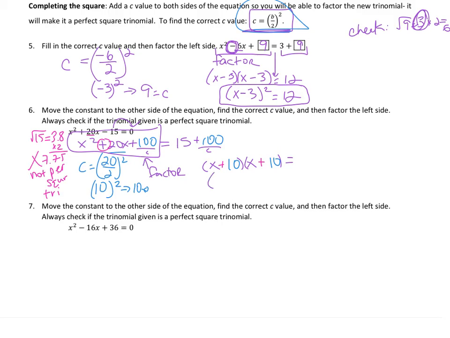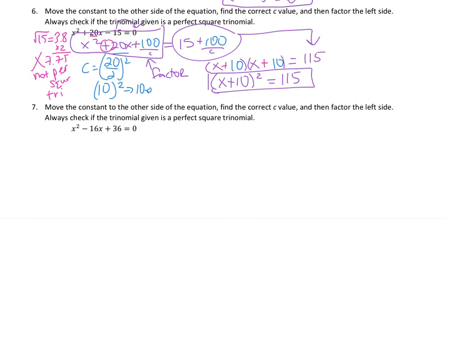So now this is really x plus 10 quantity squared because there's two of them. For the other side of the equation, we still have all this. So 100 plus 15 is 115, and that's what I'm going to put right there because that just carries down. So there's our final answer, and it looks just like we did up here in number 5, except we had these extra steps at the beginning where we had to move this 15 over before we could see the setup like we did for number 5.